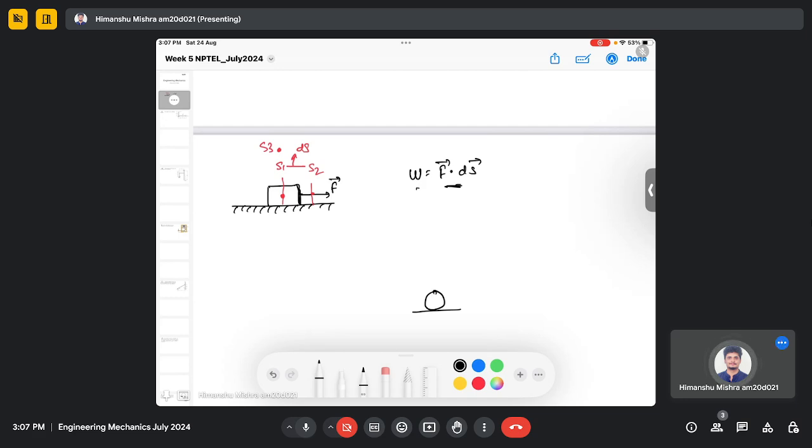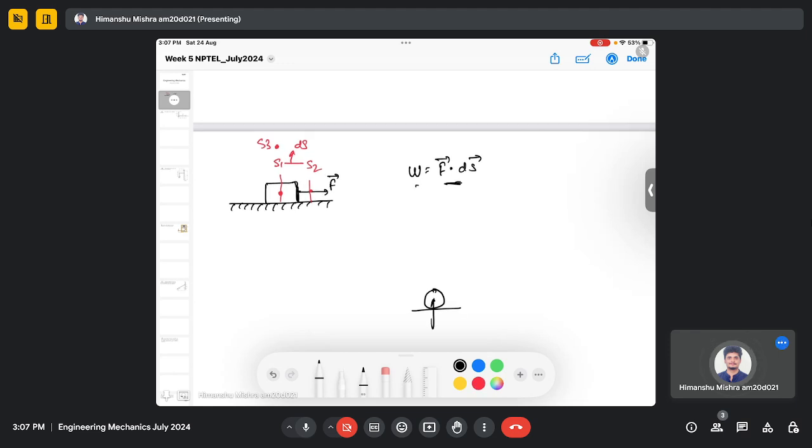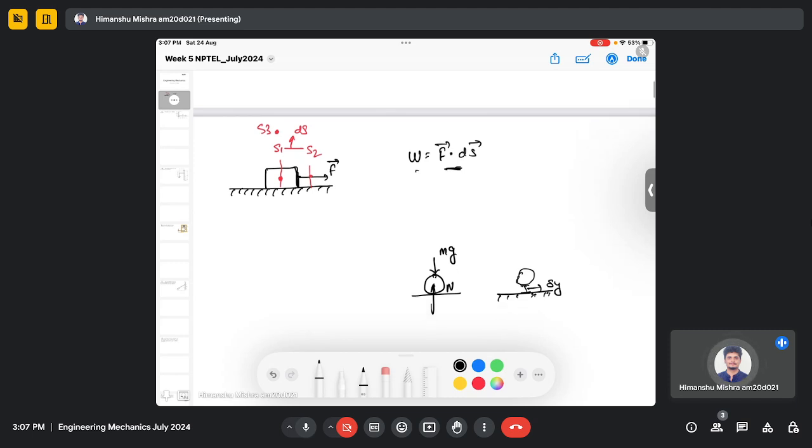this is a ball, and there will be some normal force acting, and another force, let's say the weight, acting. To create a virtual displacement, we imagine that the ball is shifted upward, and this displacement is given by delta y. This is the virtual displacement, and then we identify the force doing work through it.